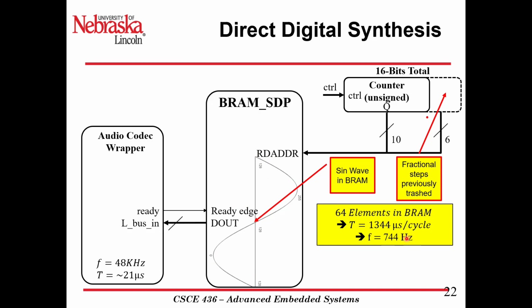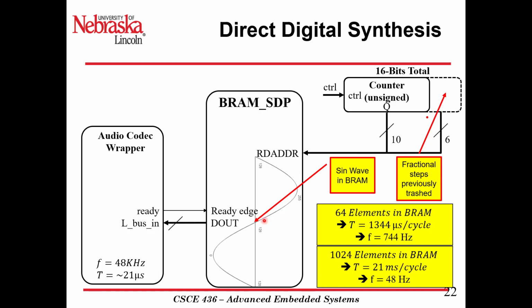Gives us a frequency of roughly 744 hertz output. Alternatively, if you had 1024 elements in DRAM, you could print at 21 milliseconds per cycle, roughly, which gives us 48 hertz. We're basically dividing 48 kilohertz by 1,000. Right?